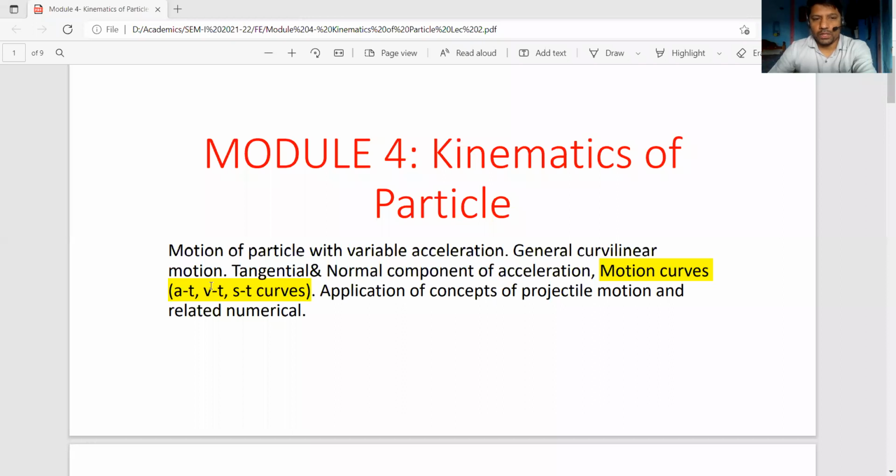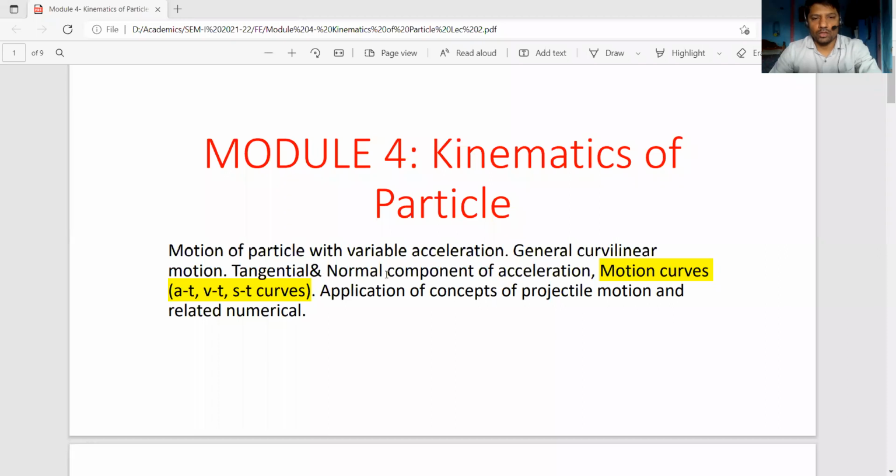So motion can also be expressed on a graph, and that graph will be helpful for further analysis of the motion. How we can do that, we will see. It is an important point even from the examination point of view.